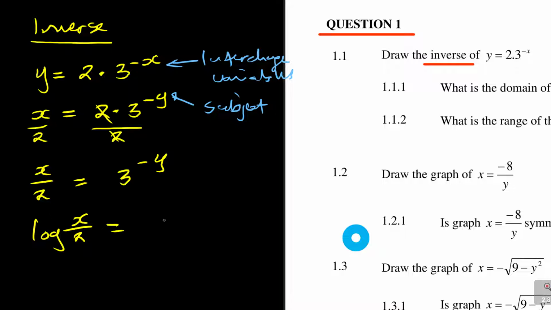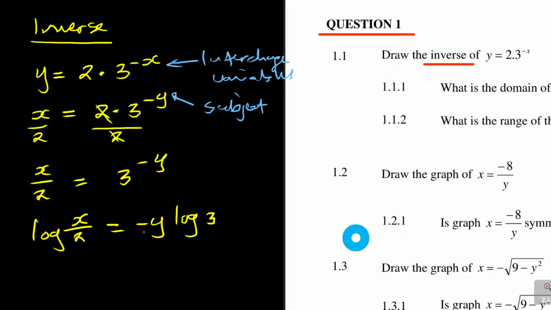Log x over 2 is equal to negative y. We drop that. Then log 3. Before I drop it, it was supposed to be 3 to the power negative y. And then this one, as I'm saying, you drop it down there. Okay, that's why I'm just dropping it like that.